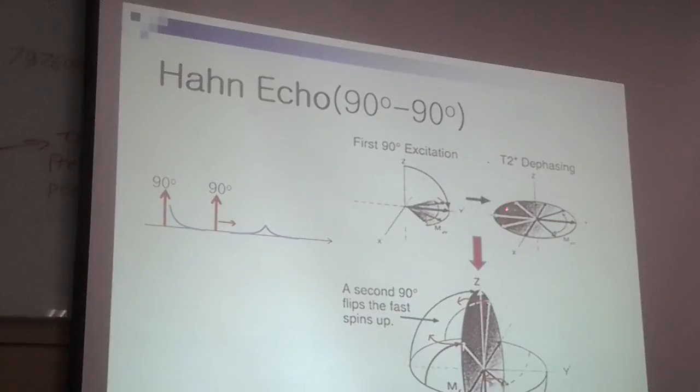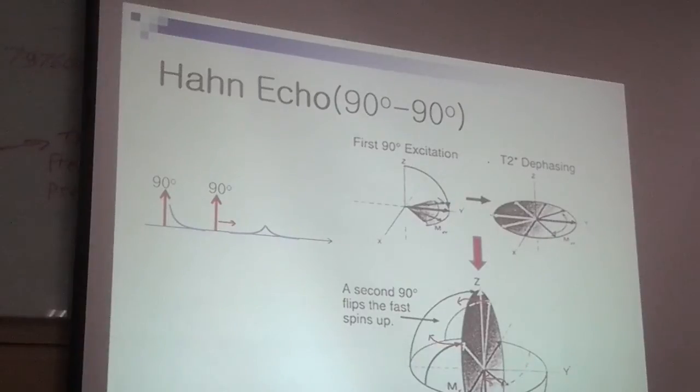This figure corresponds to just before the second 90-degree RF pulse. Just after the second 90-degree RF pulse, all spins are flipped along the RF pulse axis. Here we assume that the RF pulses are applied along the x prime axis.